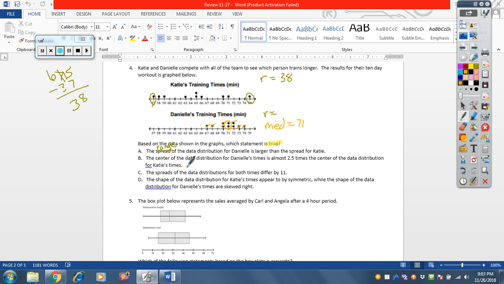Danielle's middle, her center, is 71. So this says 71 is 2.5 times the center for Katie's. So you're going to have to find the center for Katie's and multiply by 2.5. See if that's equal to 71.